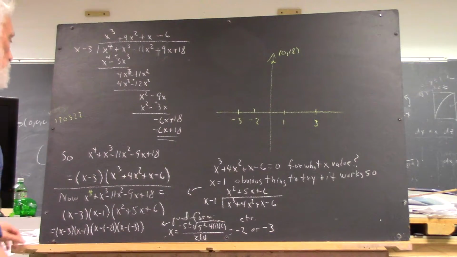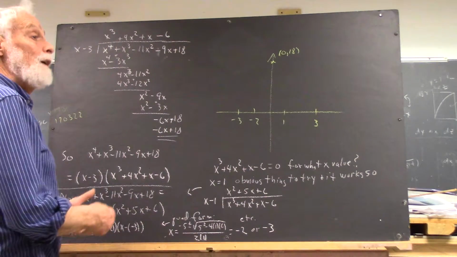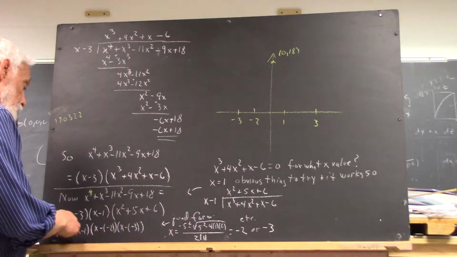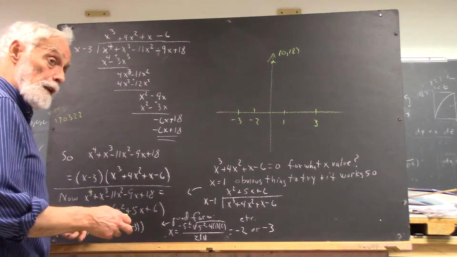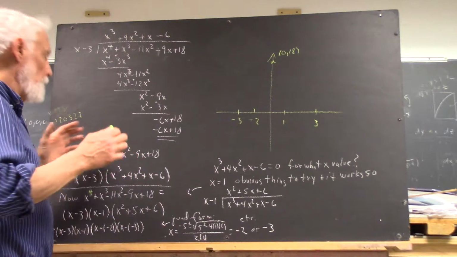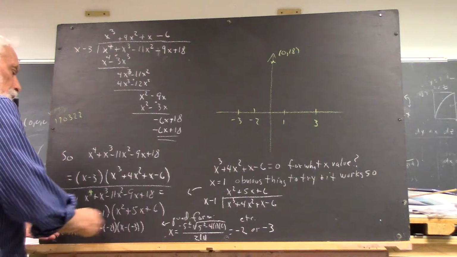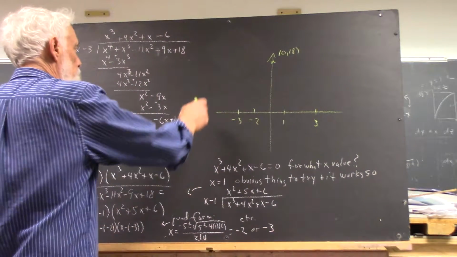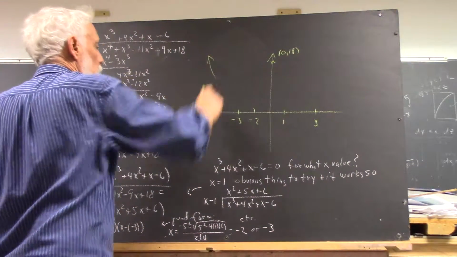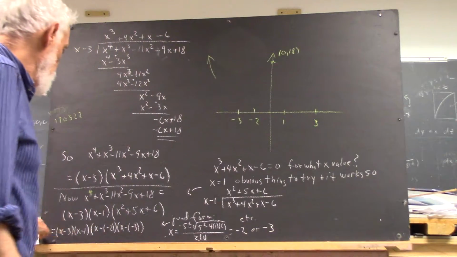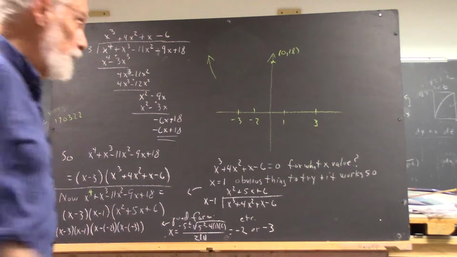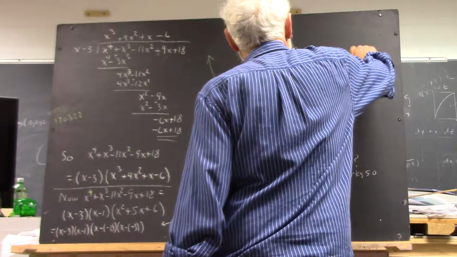And we're going to easily be able to determine if x is a humongous negative number, that we got negative here, negative here, negative here, negative here. We're going to get a super humongous positive number because we'll have 4 negatives. So the graph is going to go up on this side. And if x is a huge positive number, all these are going to be positive. We're going to get a huge positive number on this side.